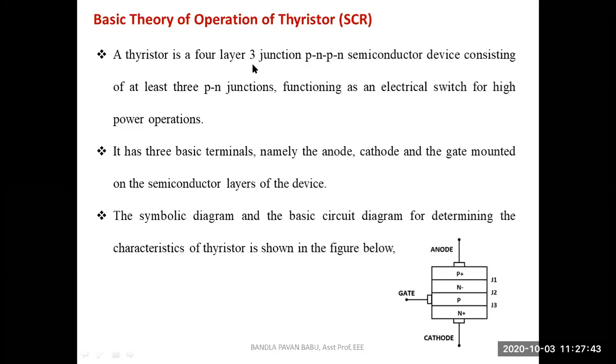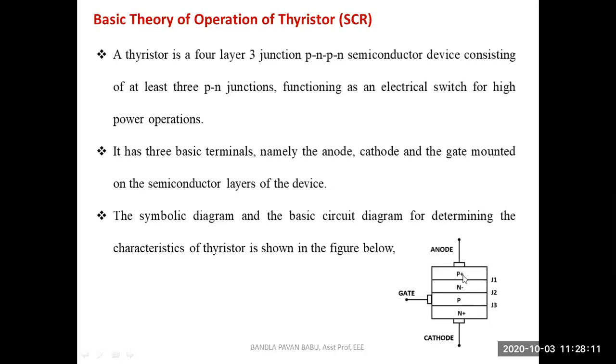It's a four layer, three junction PN semiconductor device consisting of at least three PN junctions, functioning as an electrical switch for high power operations. I hope you can see this figure at the right bottom. Here P plus means a positively doped layer, and this is an N layer.